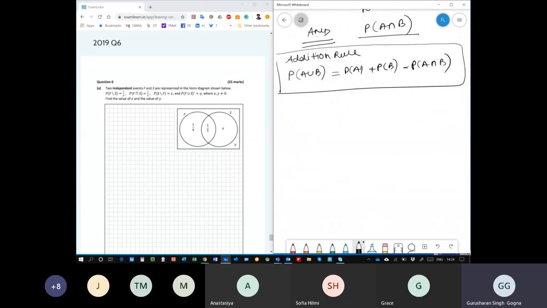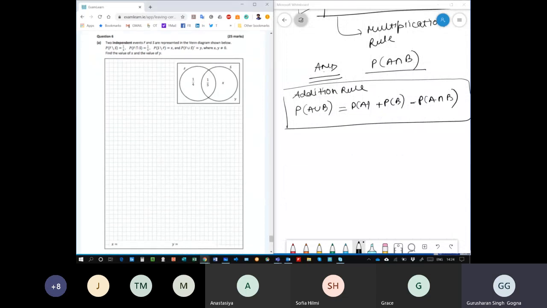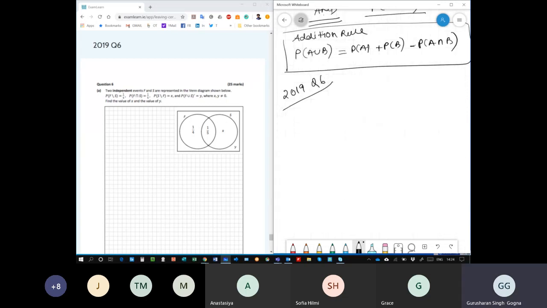Now on the left side, I have a question here, which we can try. This is 2019 question number 6, and you can see that they already bolded this word independent.